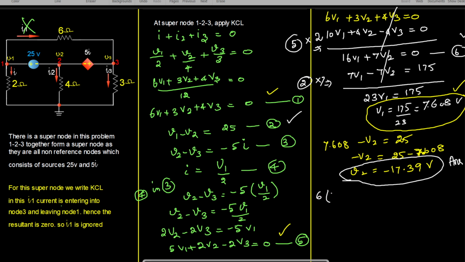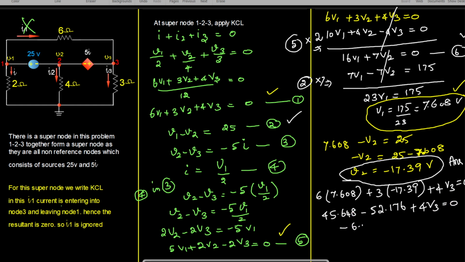So 6 into 7.608 plus 3 into minus 17.39 plus 4 into V3 is equal to 0. 6 into 7.608 gives you 45.648, plus 3 into minus 17.39 is minus 52.176, plus 4V3 equal to 0.